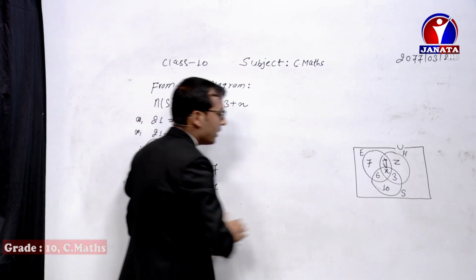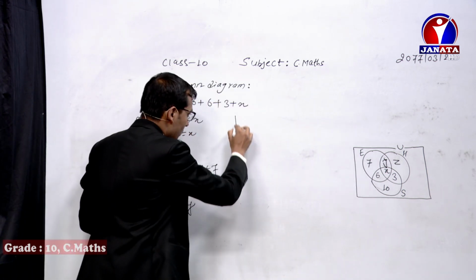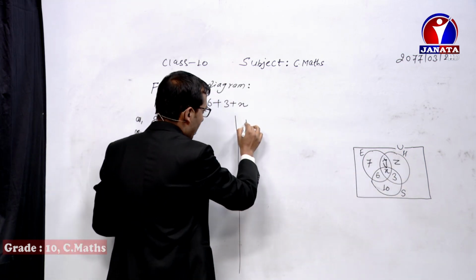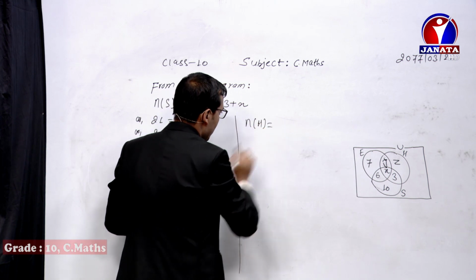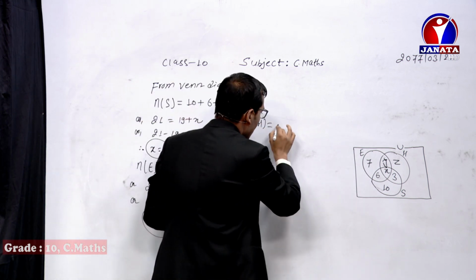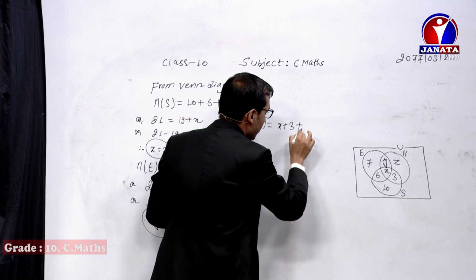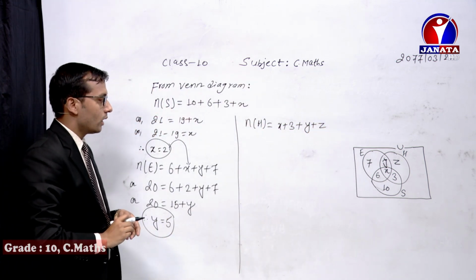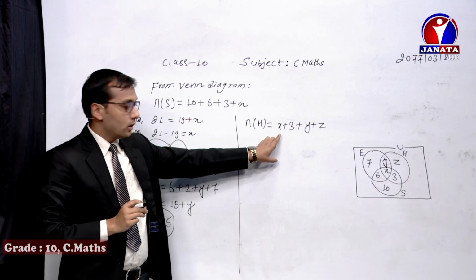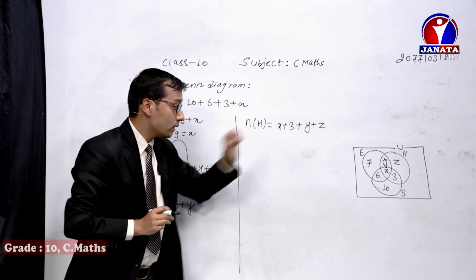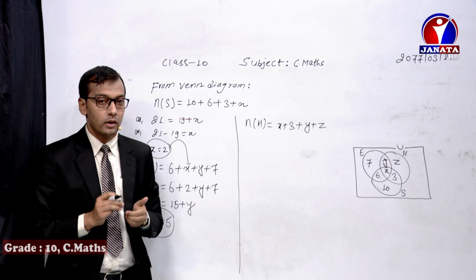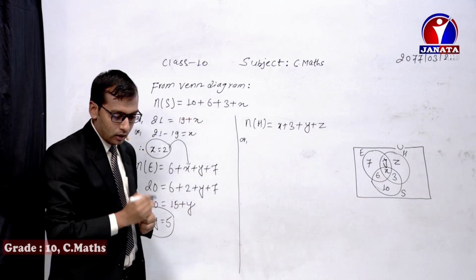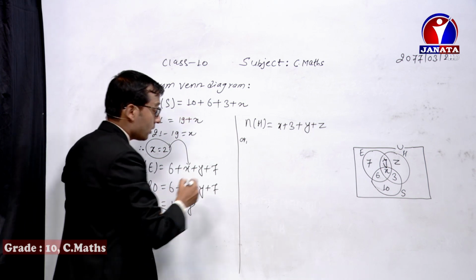For finding z, there is no doubt we can use set H. So n of H is equal to again x plus 3 plus y plus z. Now we can replace the values of x and y and find z. What is n of H?